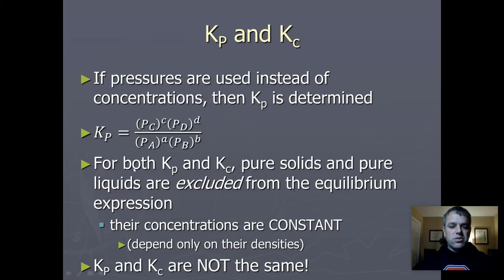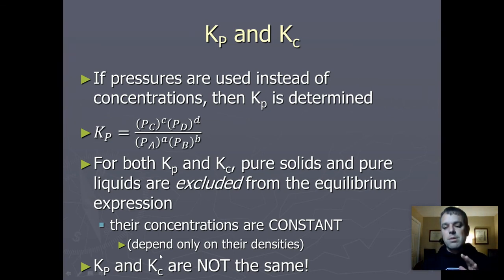So once again, for both Kp and Kc expressions, we do not include pure solids or pure liquids. We only include gases and, for Kc, we would include things that are dissolved in water. Kp and Kc are not equal to each other. They do not have the same value unless there's a very specific set of circumstances that apply, which we're not going to worry about in this class.